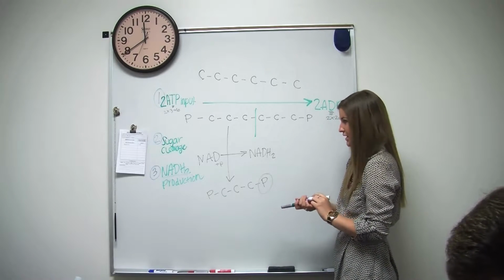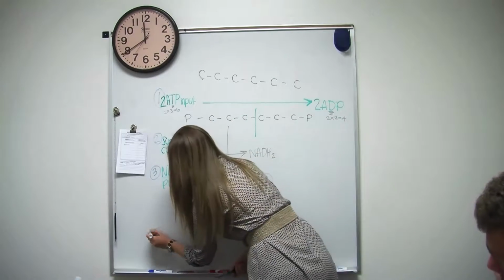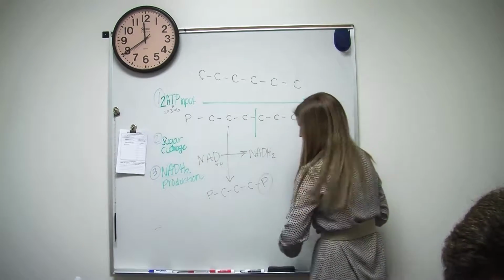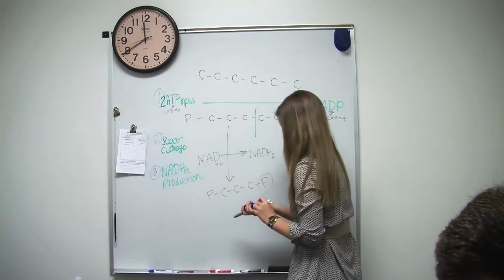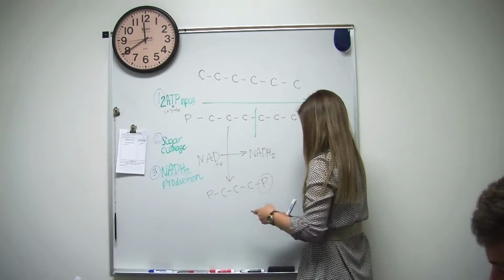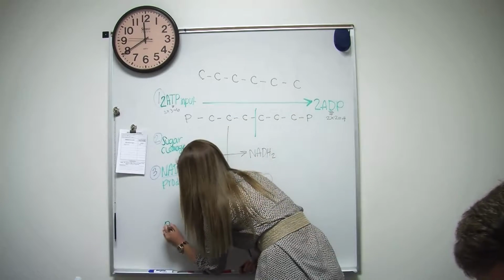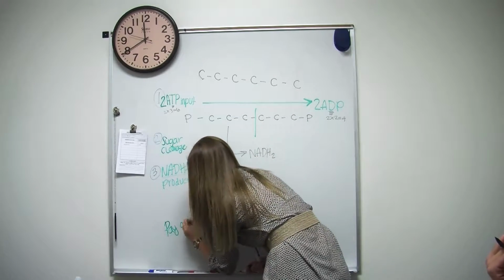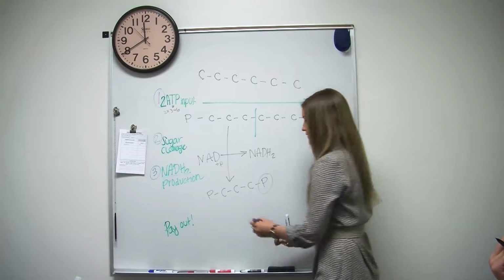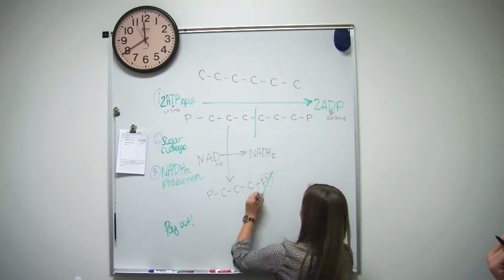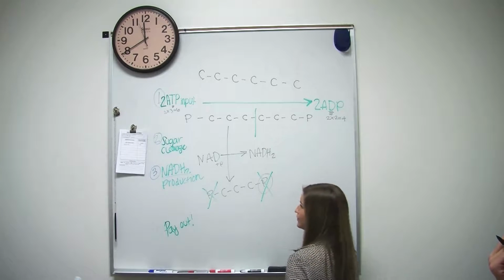Okay? And then we have what we call our payout phase, or our ATP production. Payout basically meaning this is our end result. So what do we get? We're basically just going to X out those 2.